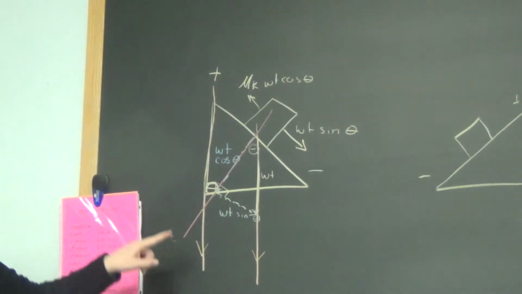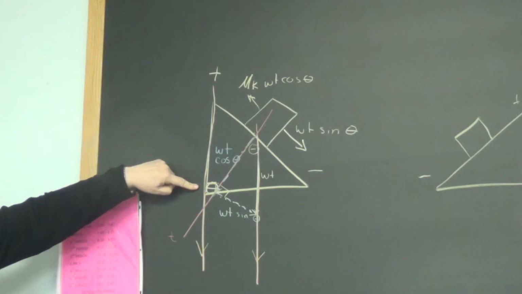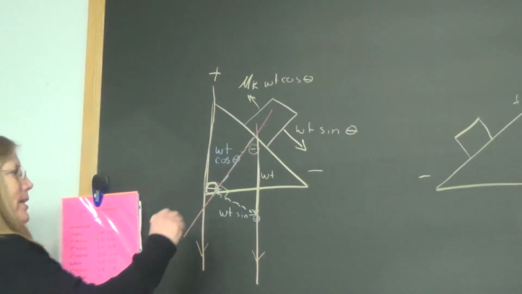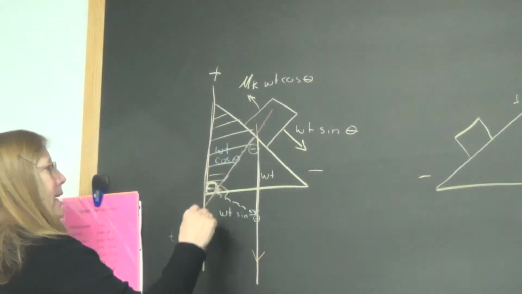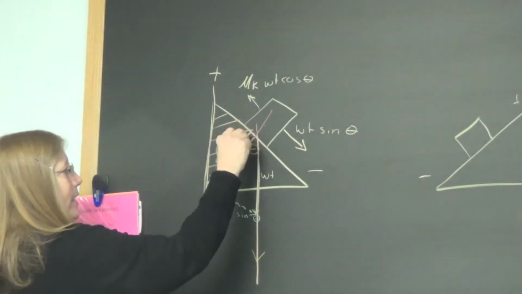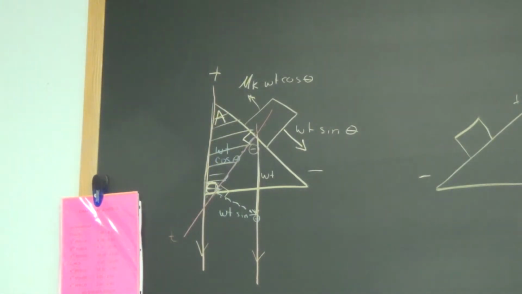Is this angle going to help us? Are we going to be able to find that angle in a lab situation? All right, so now we're going to use this angle to find a better one. So this angle is part of this triangle that I'm striping. And it has a right angle here, and this angle, I'll call this angle A. Can you find another triangle that is similar?